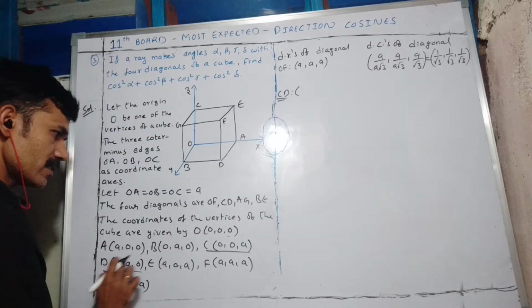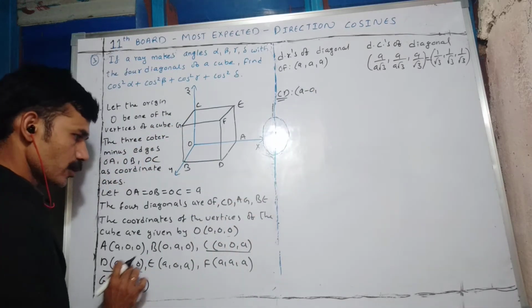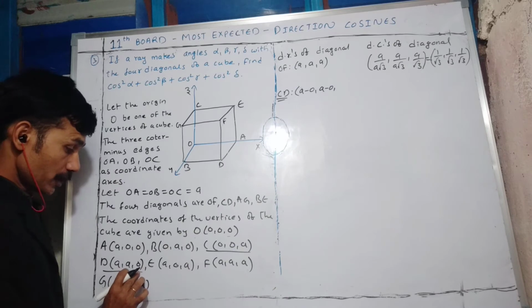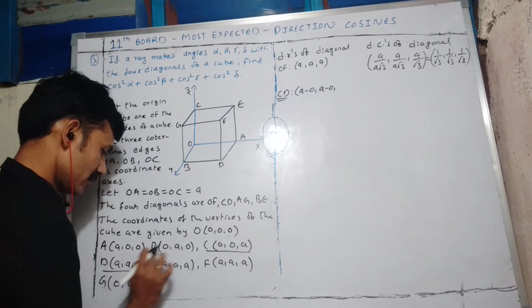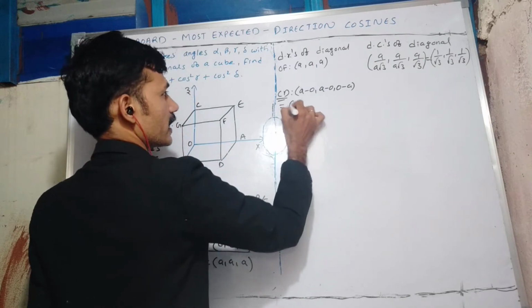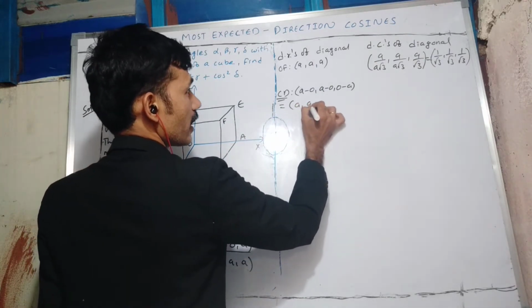X2 minus x1 is a minus 0, y2 minus y1 is a minus 0, and z2 minus z1 is 0 minus a. Therefore, the direction ratios of CD are a, a and minus a.